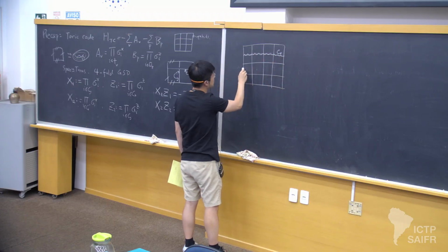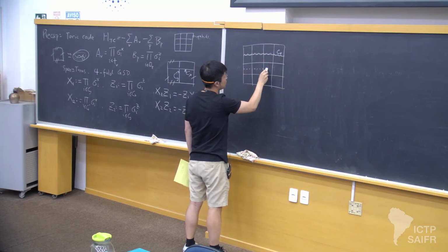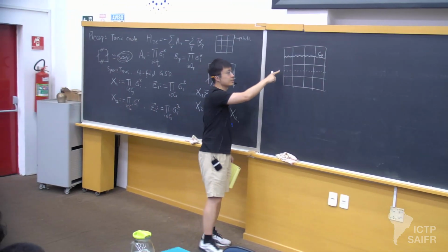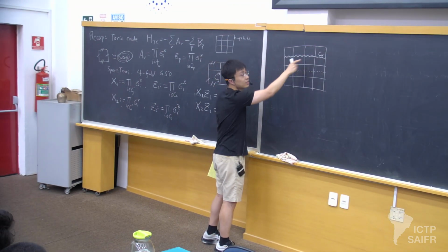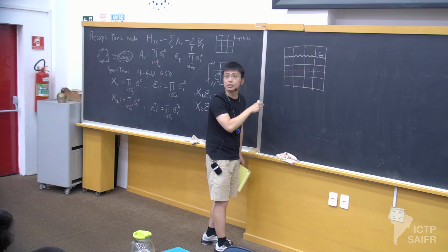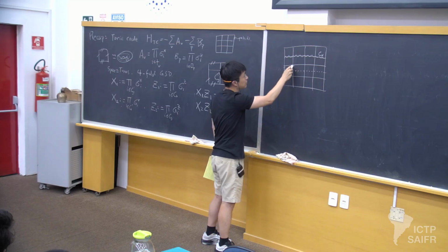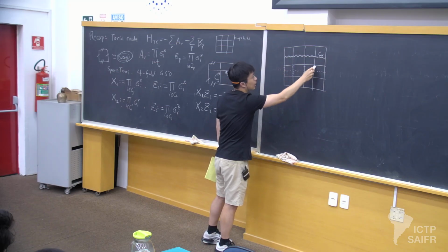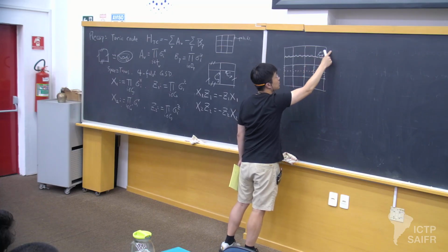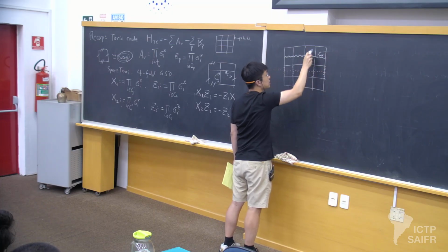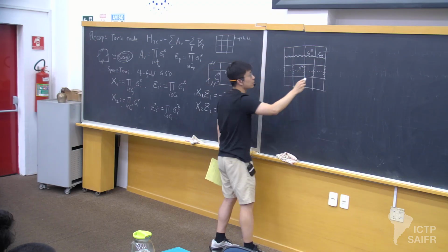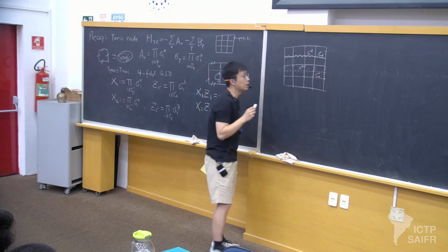Now C prime X means something like this. So you draw a loop like this that, instead of living on the edges, it goes through the edges, meaning every edge it intersects. So here for this one you put a bunch of sigma Z, but here you put a bunch of sigma X. So this we call CX prime.